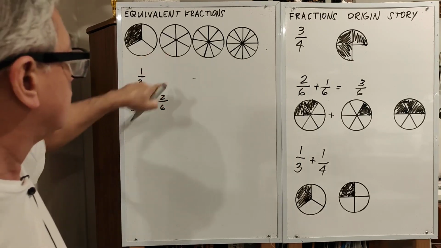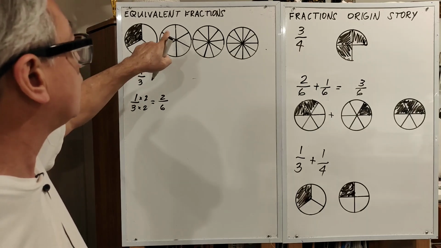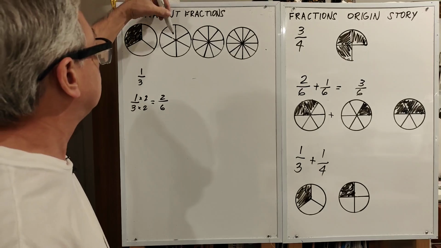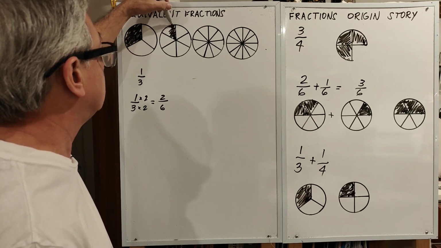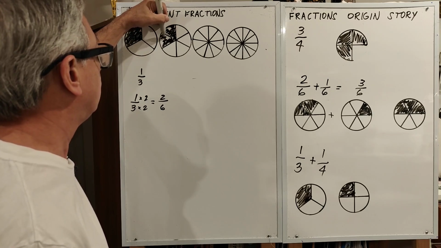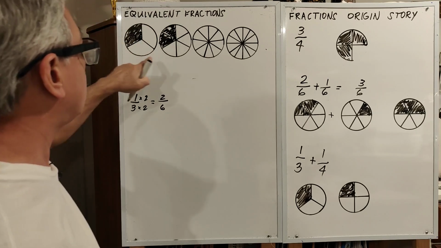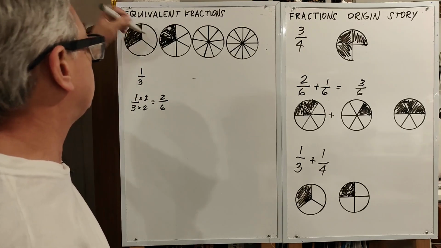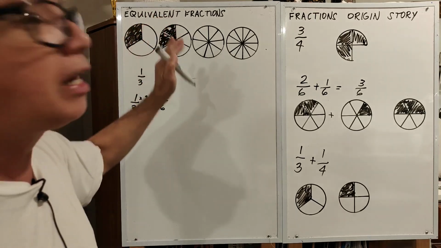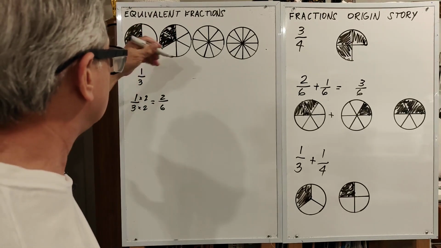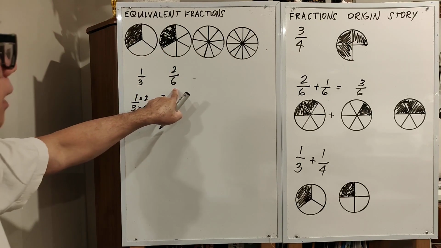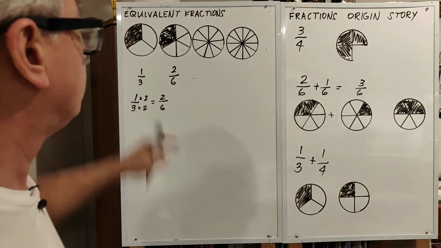Now, if I divide this one into 6 and shade 2, they have the same shape approximately. I mean, my drawing is not so good, but they would have the same value. Although this is 1/3, this is 2/6. So they have different numbers, but they have the same value.